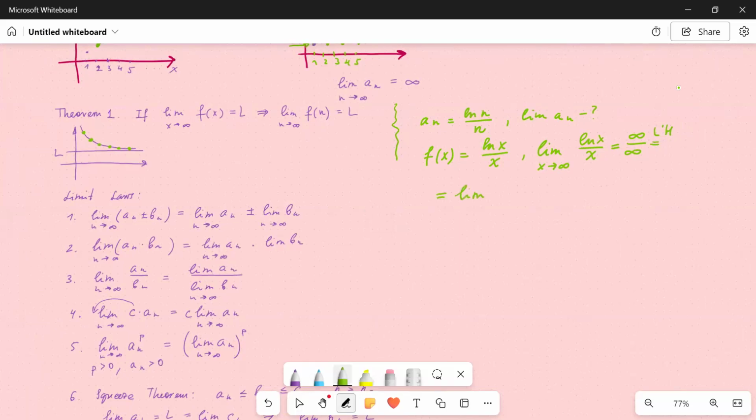L'Hopital's rule tells us to differentiate the numerator and differentiate the denominator. ln gives us 1 over x, and x gives us 1. Basically, we are going to have the limit of 1 over x as x approaches infinity, and we do know that it's going to be equal to 0. Now, using theorem 1, we can say that the limit of ln of n over n as n approaches infinity also equals 0 by theorem 1. Okay, guys, I know that formally the differentiation of ln of n over n and ln of x over x is going to look the same.